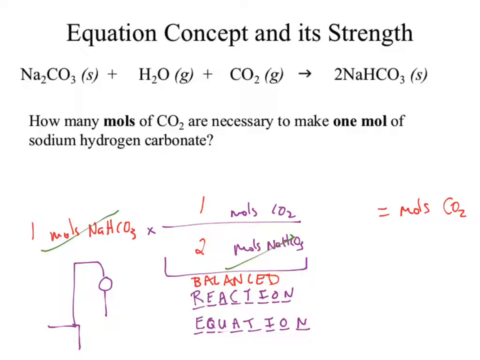The moles of sodium hydrogen carbonate, the bottom one and the top one, cancel, and we end up with moles of CO2. The equation gives us that conversion factor. If we don't have the equation, we cannot solve. We have to know the relationship between those substances. That's what the equation provides. Questions on that?